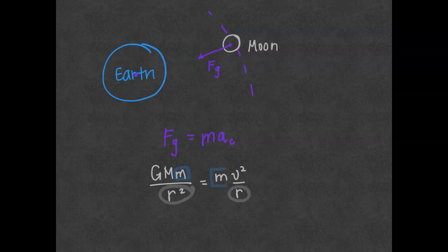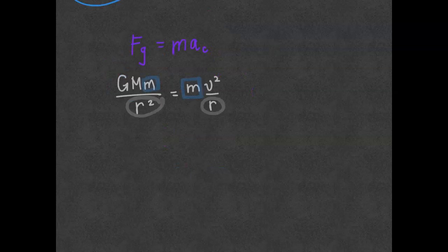So we can do some algebra here and simplify the problem. Dividing by m on both sides allows us to cancel it out. Multiplying by r on both sides allows us to cancel an r from both sides. This leaves us with G M over r is equal to v squared.